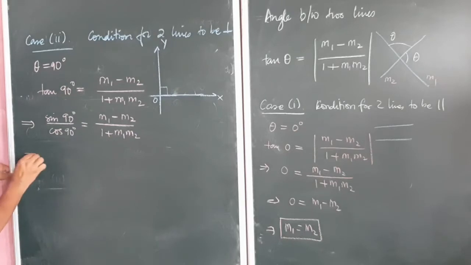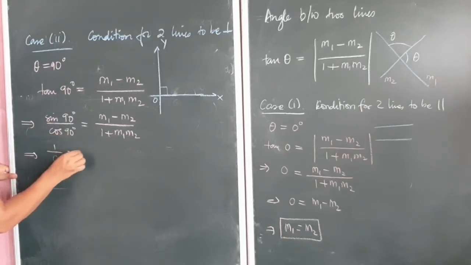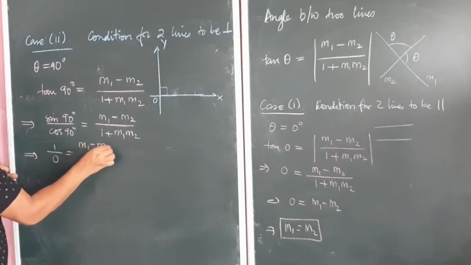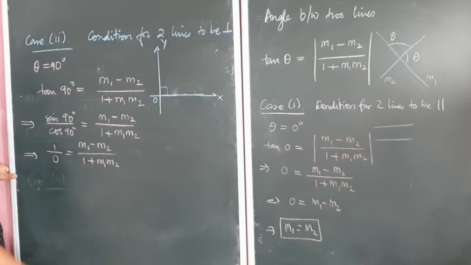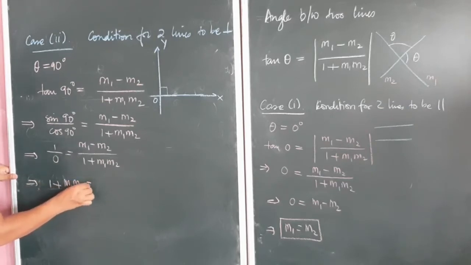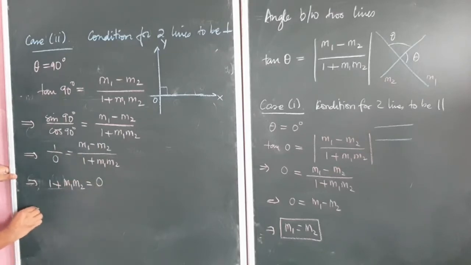Let us put in the values. Sine 90 degrees is always 1 and cos 90 degrees is 0, so 1 by 0 equals (m1 minus m2) by (1 plus m1 m2). Let us do the cross multiplication. 1 into this quantity remains as it is, so 1 plus m1 m2 equals 0, since 0 into any number is 0. So from here, what am I saying?